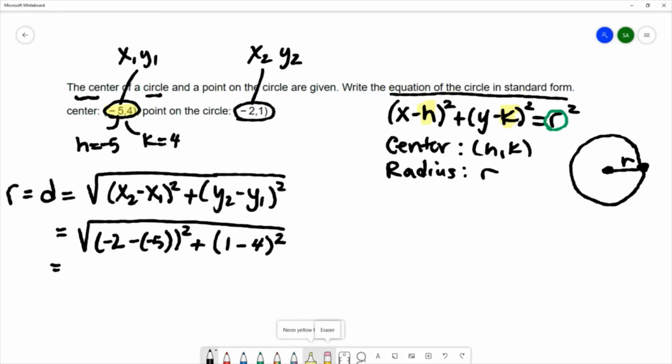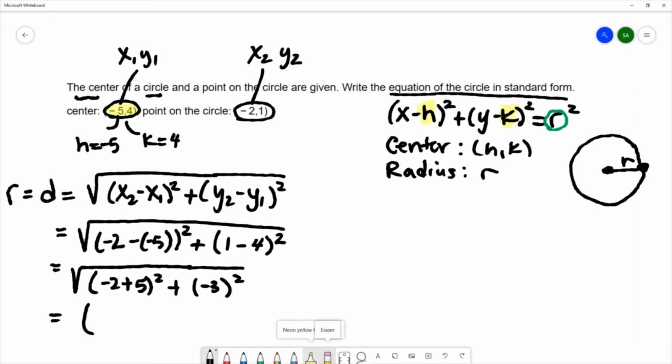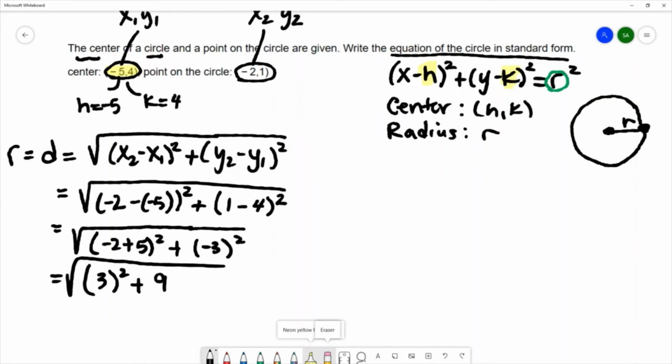This simplifies to the square root of (negative 2 plus 5) squared plus (negative 3) squared. We have the square root of 3 squared plus negative 3 squared, which is 9 plus 9, the square root of 18.